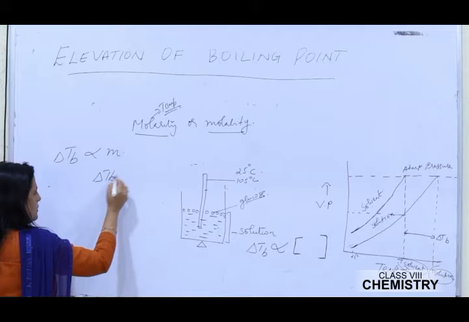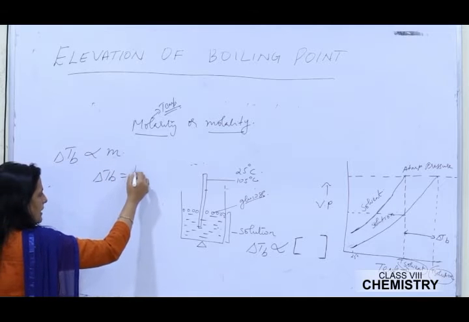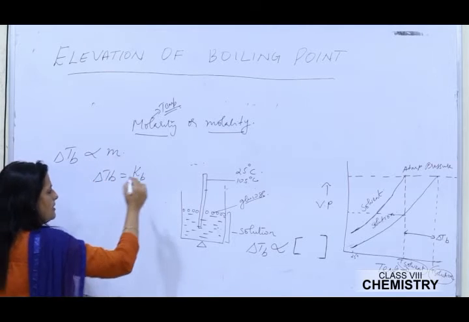Or you can write delta TB is equal to, in order to remove this proportionality sign, we multiply it by a constant Kb.